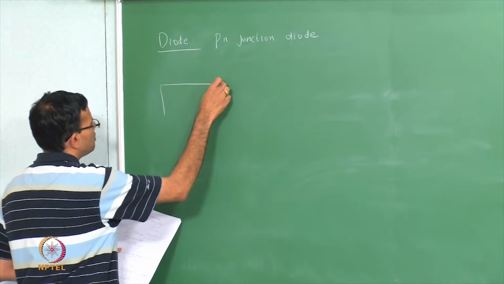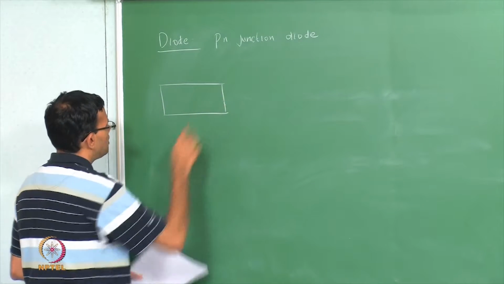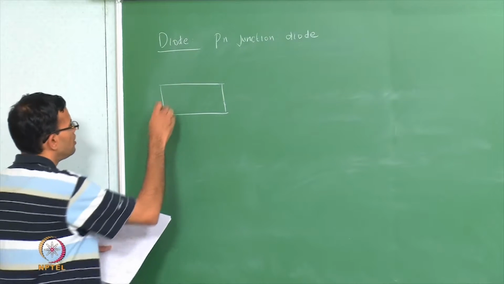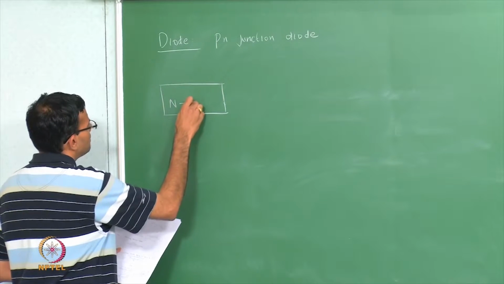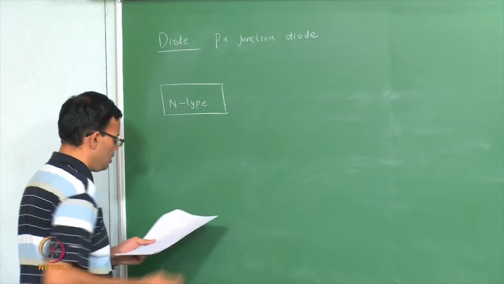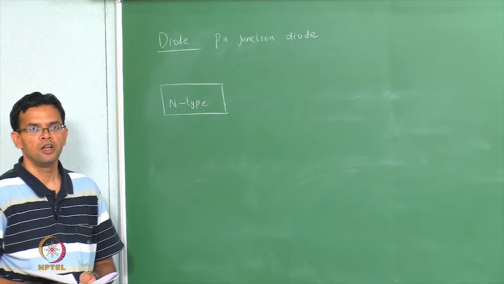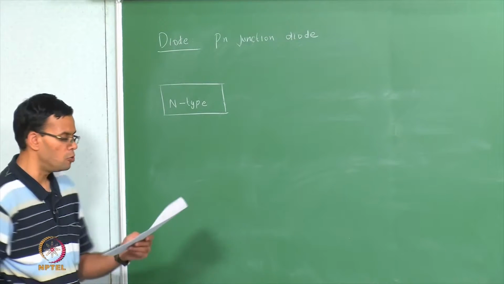So, we can fabricate the PN junction diode. Let us say you start with a substrate, you can either have a substrate to be N type or P type. So, here is an example of an N type substrate. Using lithography, we can again define a window within the substrate where we can do doping.